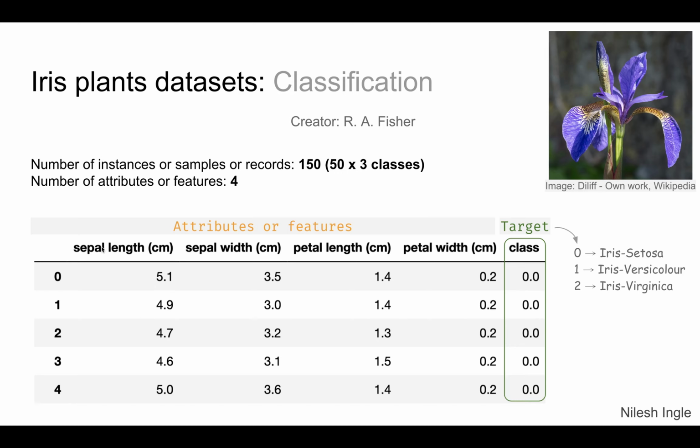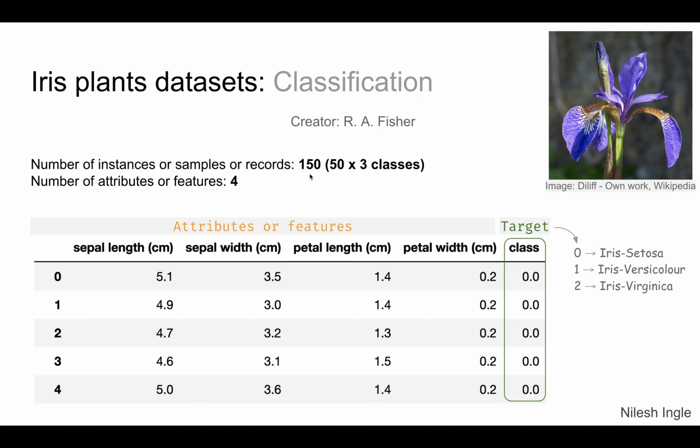Here we have the sepal length and sepal width, that would be the green part, and then the petal length and petal width, that's the blue part, for three different types of iris flowers, and each of these is numerically coded for class, so 0, 1, and 2, and those would be here. This is showing up as floats because I converted them and put them in a data frame.